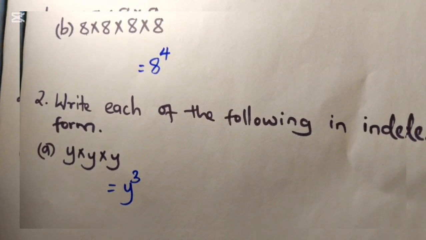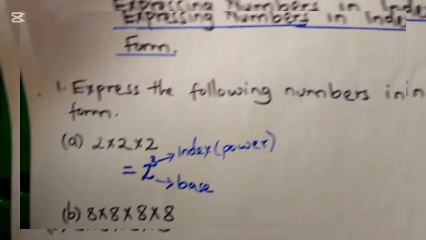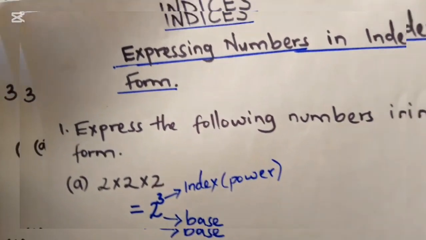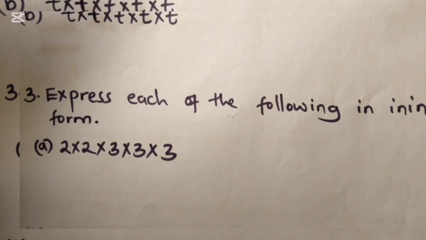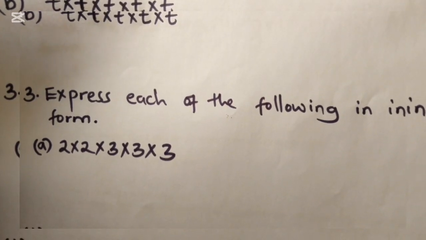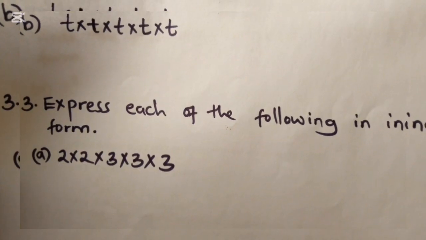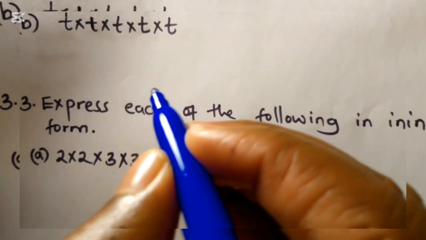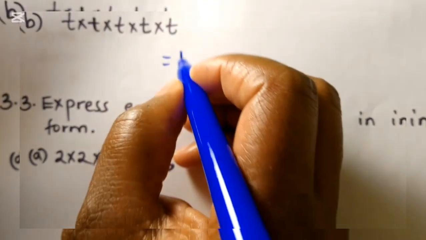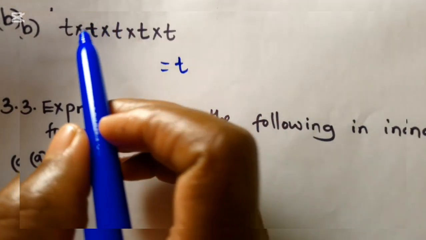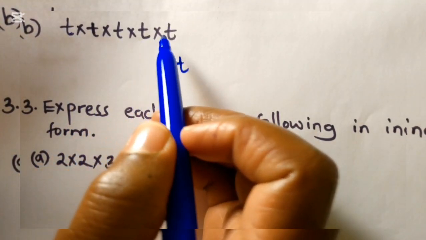Good. Let us have some more questions. I've chosen these questions in a very wise way, intentionally, for some reasons. We have another unknown here as t, and then t has repeated itself 1, 2, 3, 4, 5 times.